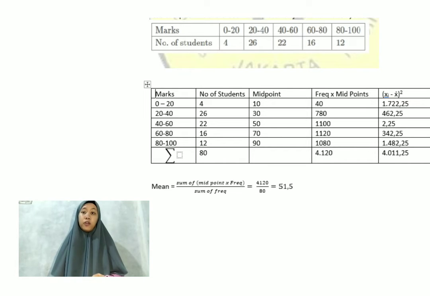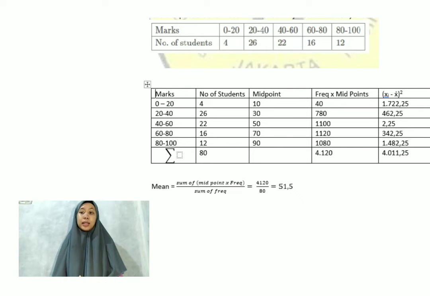The midpoint of class number 1 is 10. Class number 2 is 30. The midpoint of class number 3 is 50. The midpoint of class number 4 is 70. The midpoint of class number 5 is 90.